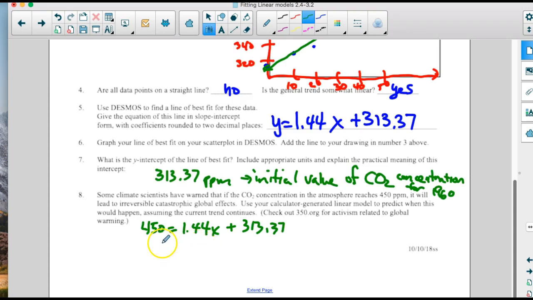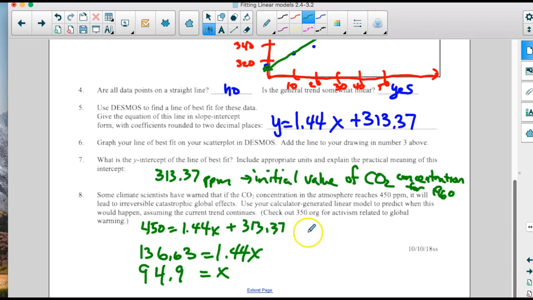So to solve this, we subtract 313.37. We get 136.63 equals 1.44x. We divide by 1.44. We get 94.8, 94.9 rounded to one decimal place.